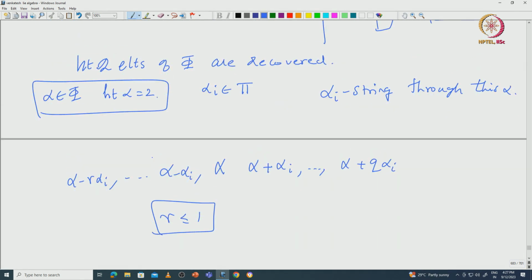Why is that the case? Since the height of α is 2, you can't subtract α_i twice. If you subtract α_i twice, the height will go down by 2, and α minus 2α_i will become 0. That forces α to be a multiple of α_i, which is not the case. So, r must be at most 1.